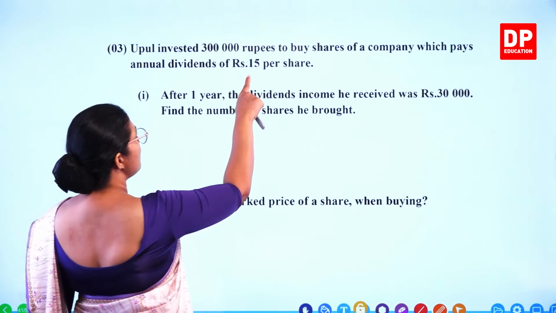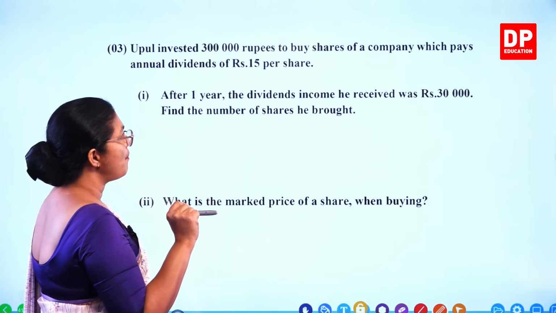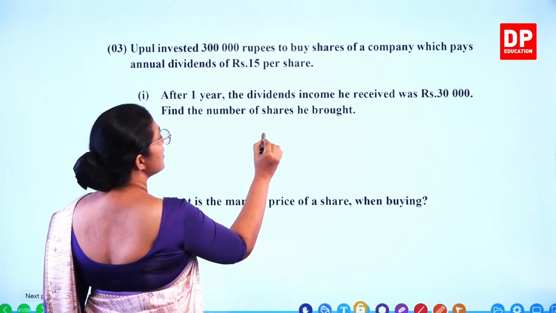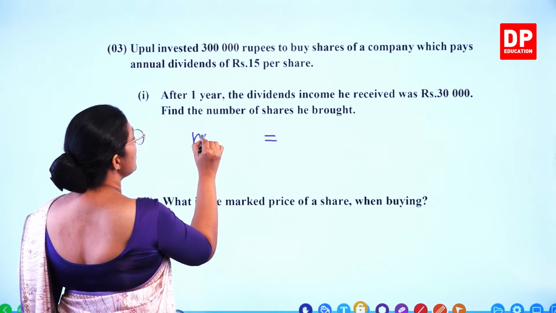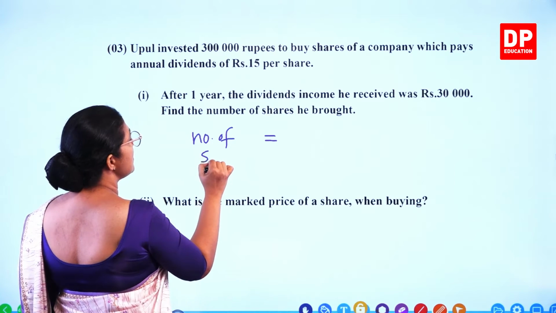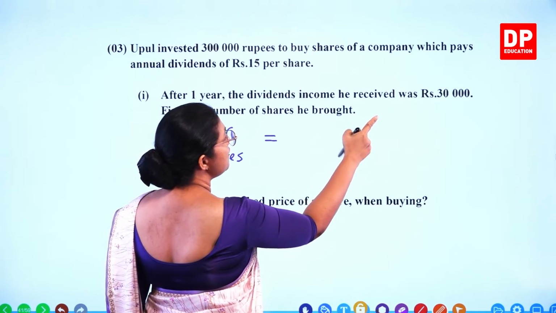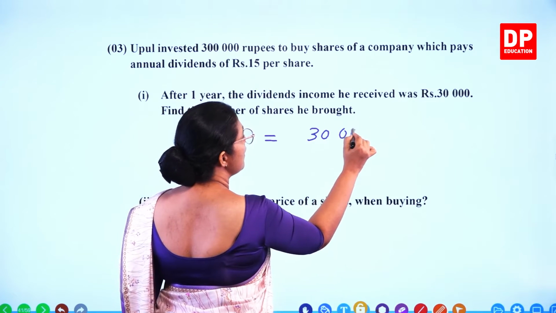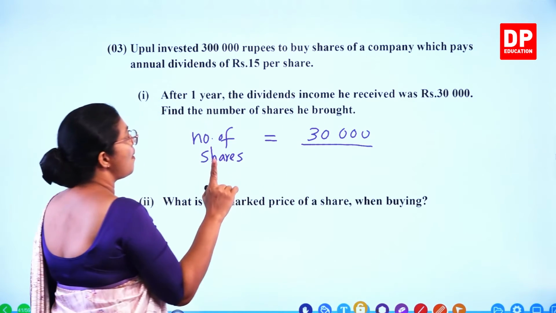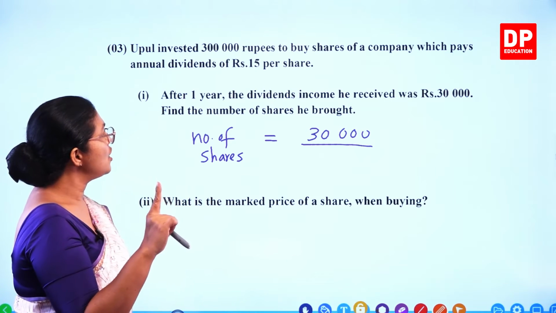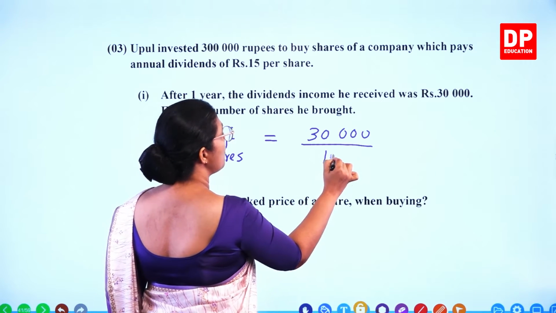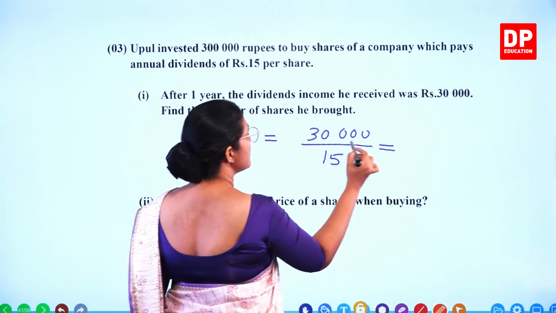So we can easily find out the number of shares using this equation. Number of shares is equal to the dividend income, 30,000, divided by the dividend value per share, that's 15 rupees, and you get how many shares he bought.